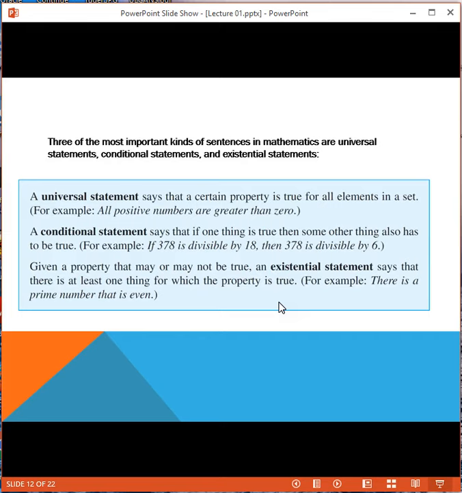An example is, if 378 is divisible by 18, then 378 is divisible by 6. Given a property that may or may not be true, an existential statement says that there is at least one thing for which the property is true. For example, there is a prime number that is even. Not all prime numbers are even, but there is at least one that is even.